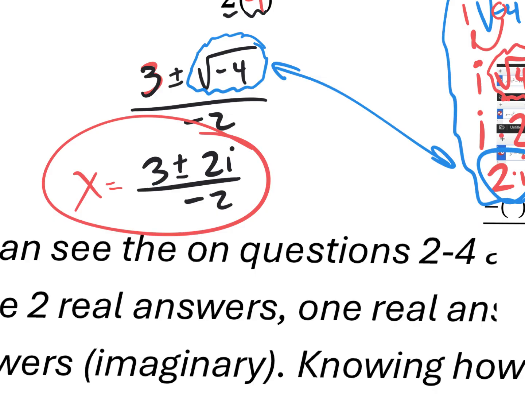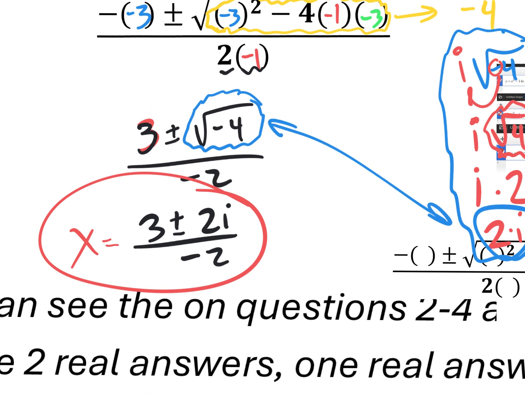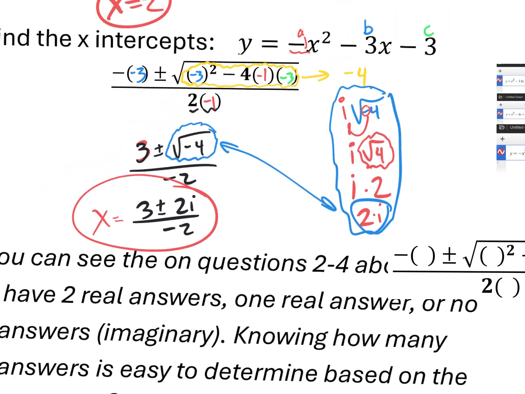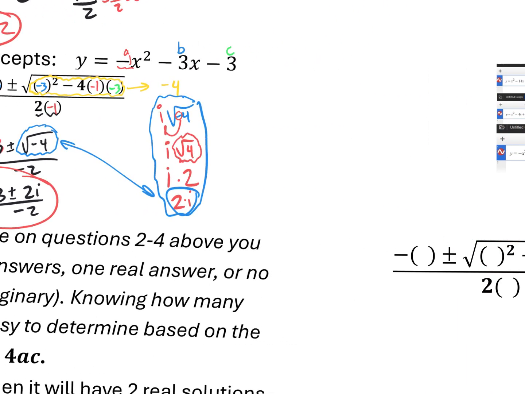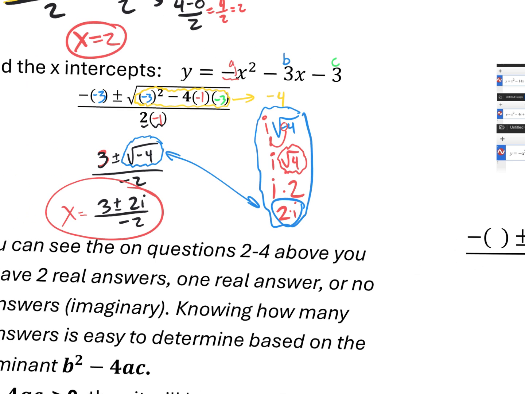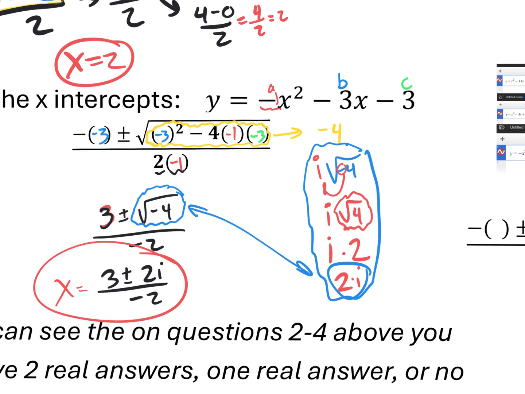Because it has the i involved. Okay, so I want you guys to think about what made it imaginary. What do you guys think? What made this one imaginary? The square root of a negative number. So when you have a negative number in here, that makes it imaginary.